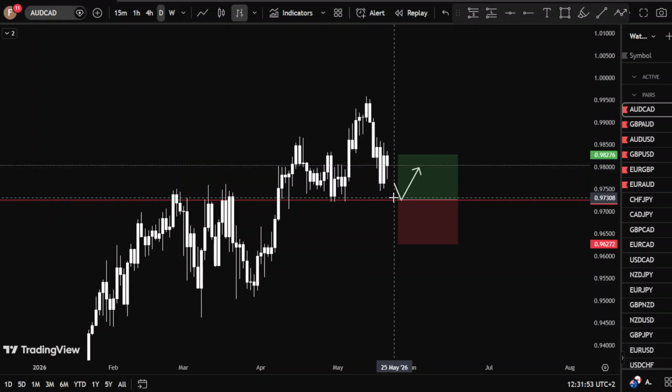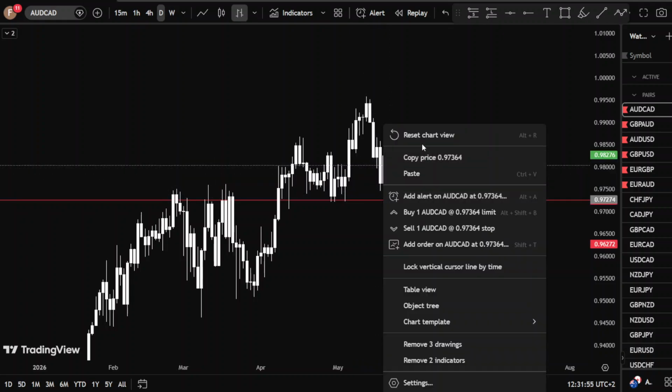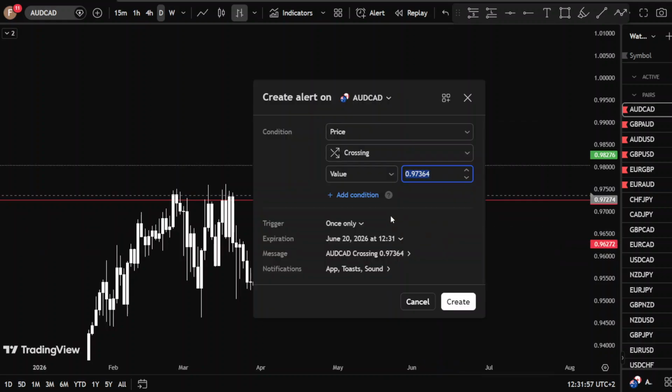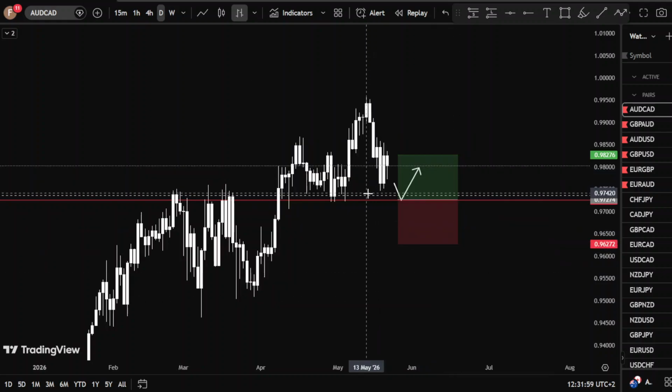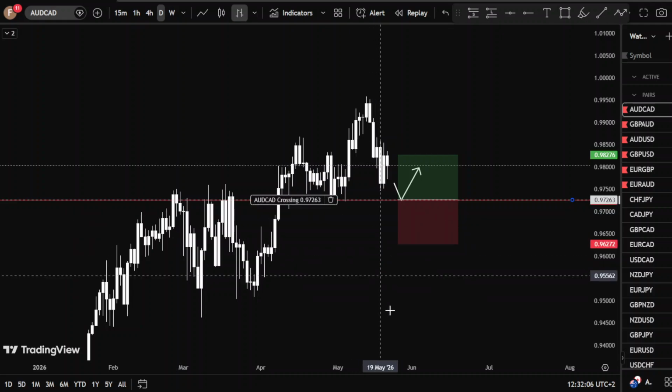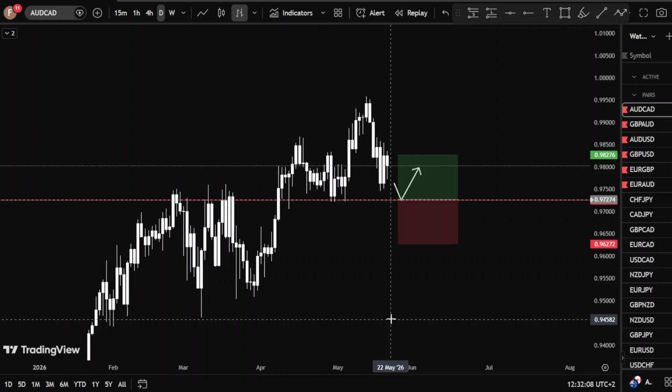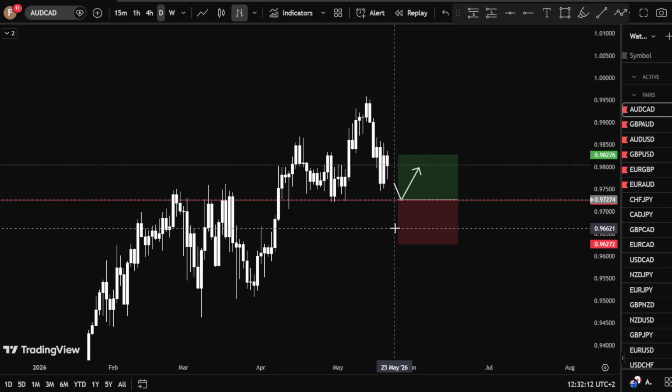I wait for the alert. I set an alert here. I create an alert, and I have it on my phone as well. So when the alert goes off, I know it's starting to get ready to take the setup.